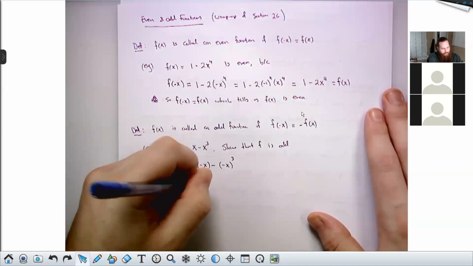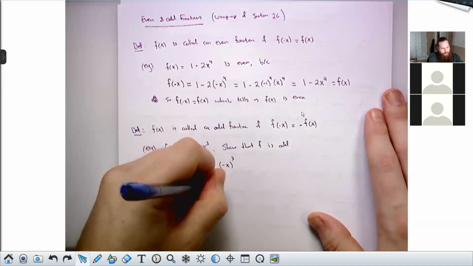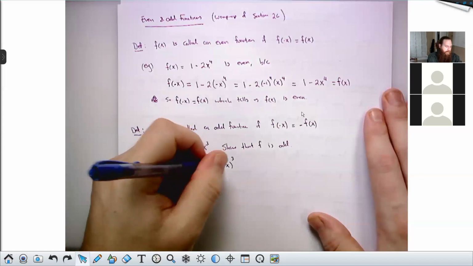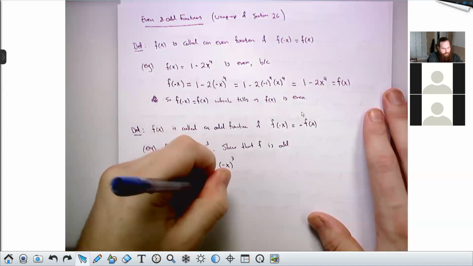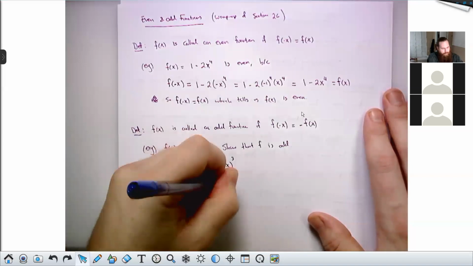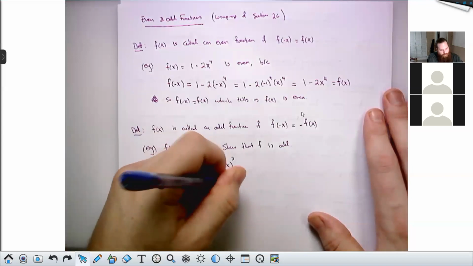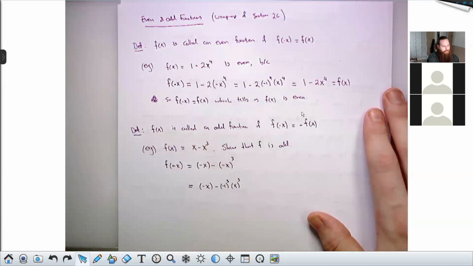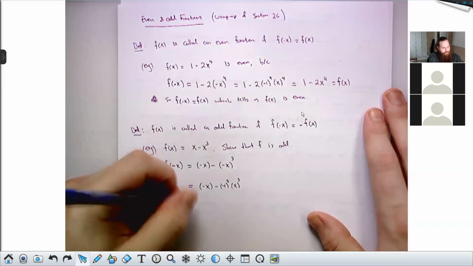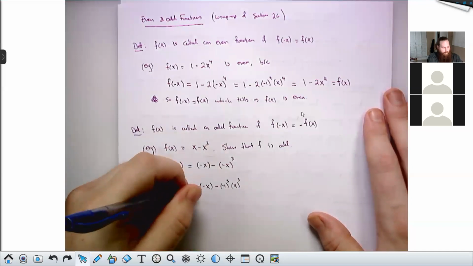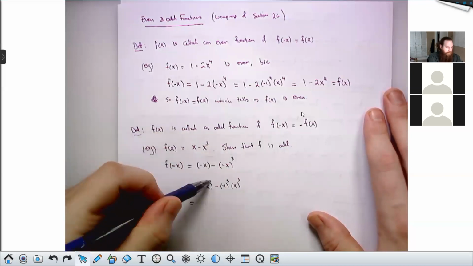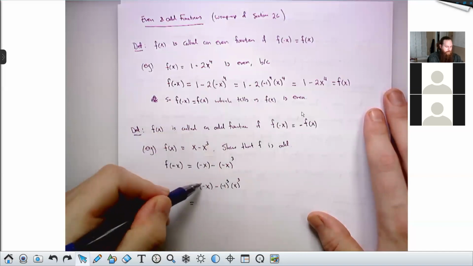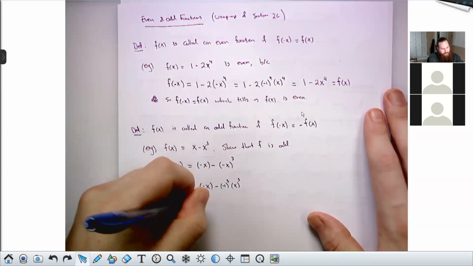That's the same as negative x minus, and then here this negative is a negative 1 inside the parentheses, so that's negative 1 cubed times x cubed. And here, the parentheses, I don't have anything in front multiplying, and I don't have any power here, so I can ignore the parentheses there. That's going to be negative x.